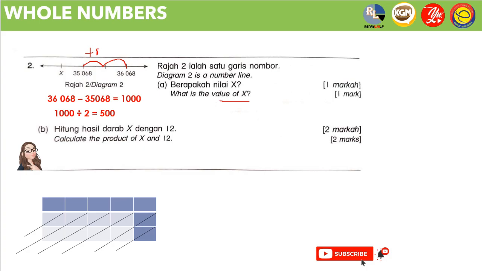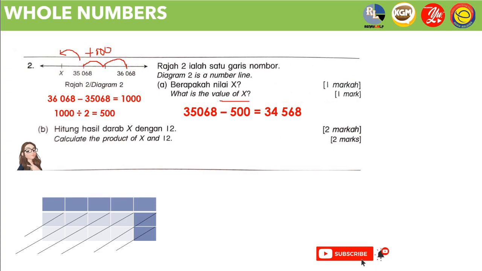Each time it moves one line. So x is in front of 35,068. So we realize you need to minus 500. So the answer is x equals 34,568.